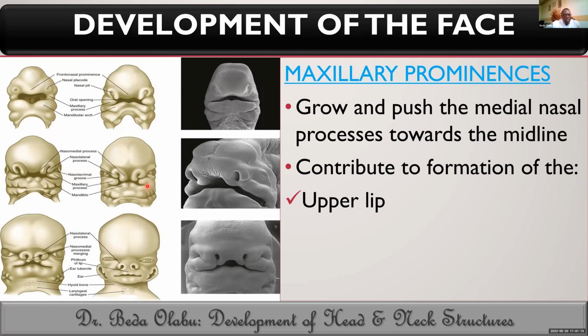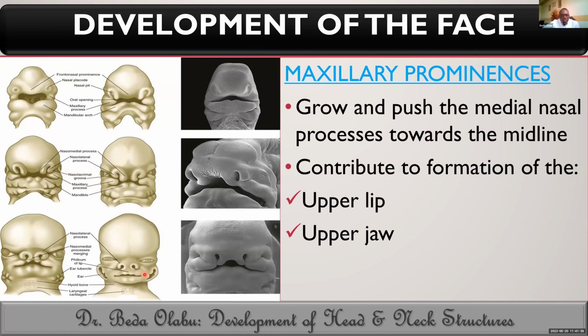From this image, we can see what the maxillary prominence will eventually become if we follow through this particular column. That's the maxillary prominence. So we can conclude by saying that the maxillary prominence contributes to formation of the upper lip.